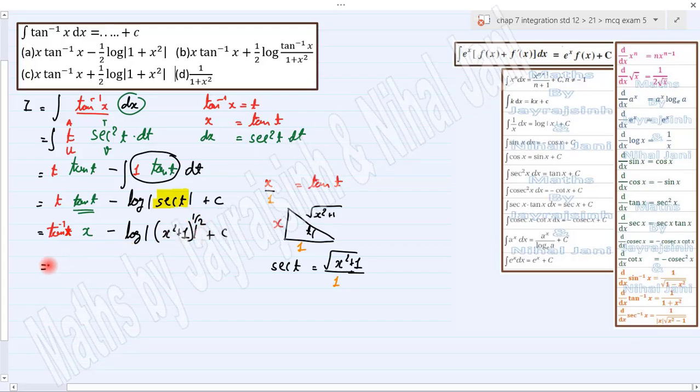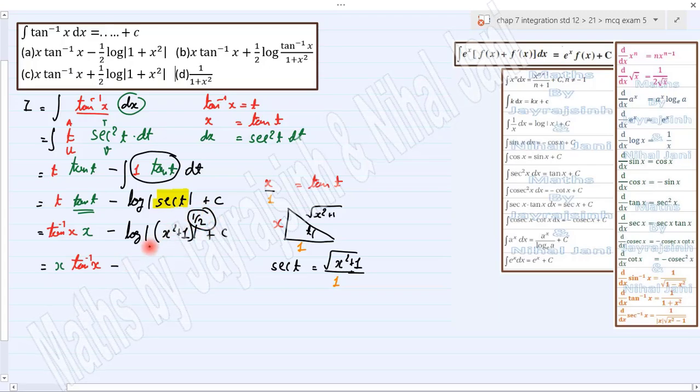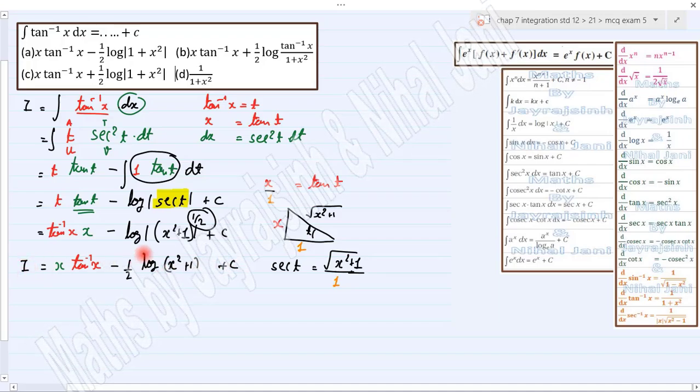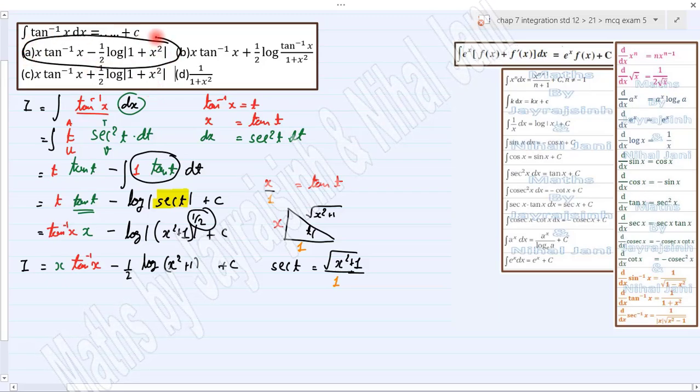So your first term will be as it is, and in the second term, if we apply the property of log, this 1 by 2 will come out in the multiplication of log. So we will get x tan inverse x minus 1 by 2 log (x square plus 1) plus c. So tada! This is your final answer, which is given in option A.